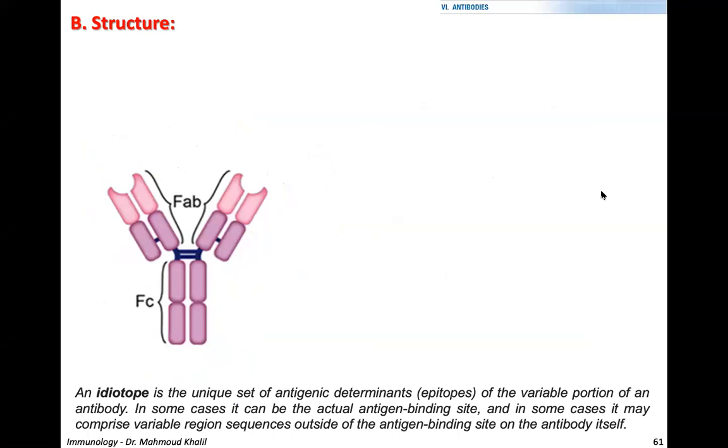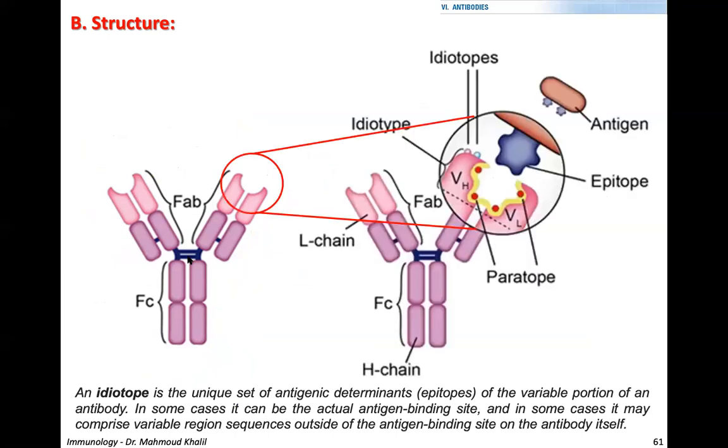So let's go closer into the structure and see. The antibody is originally formed from the Fab region, which is the variable region, and the Fc region connected together with the hinge, as we said. If we enlarge this part, you can see some terminology that you need to be familiar with.